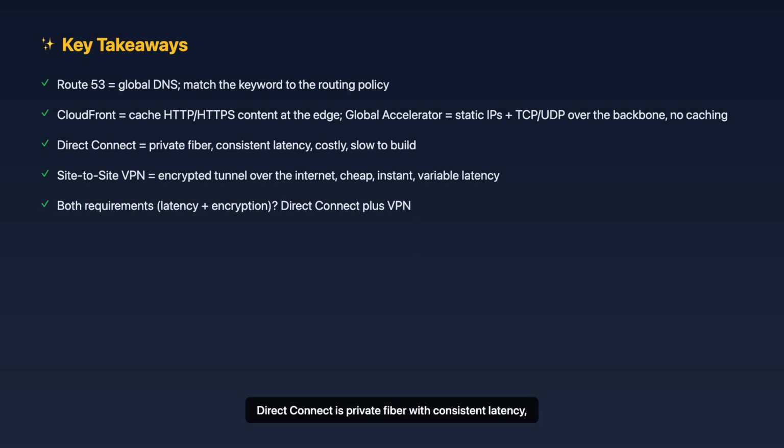Direct Connect is private fiber with consistent latency, but it's costly and slow to build. Site-to-site VPN is an encrypted tunnel over the internet, cheap and instant, but with variable latency. And when a question demands both consistent latency and encryption, the answer is Direct Connect plus VPN.